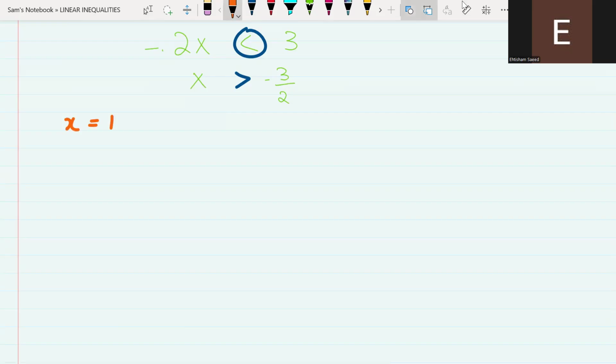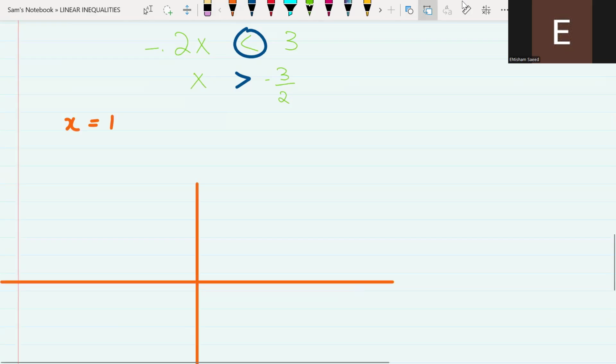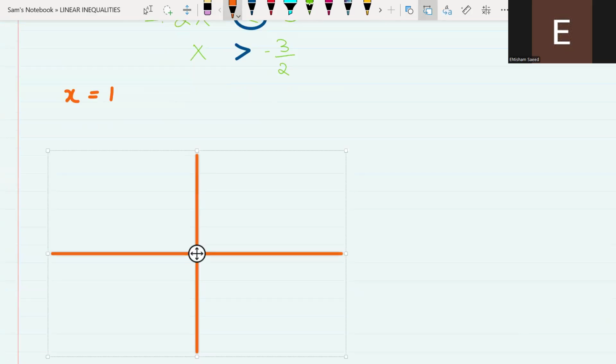For example, I have a graph. This is the graph, right? I hope it is visible. Yes, sir. Okay.